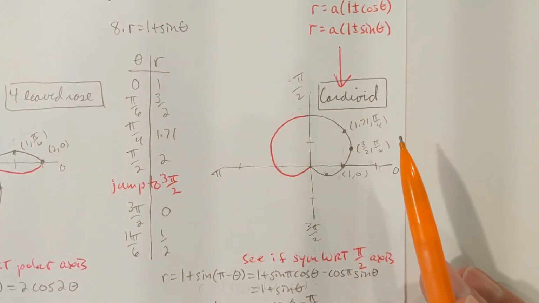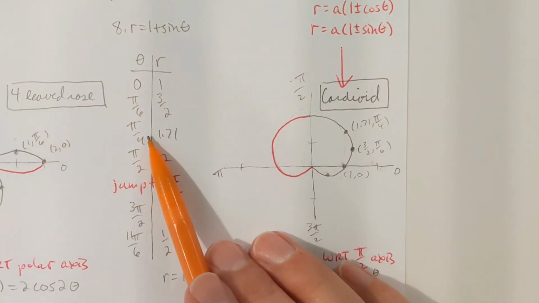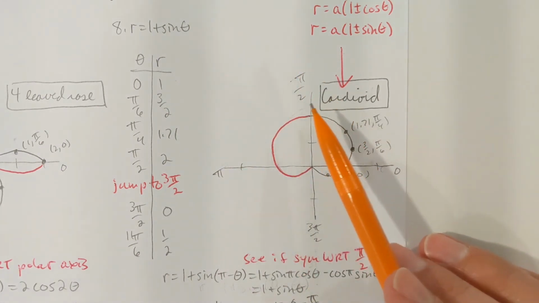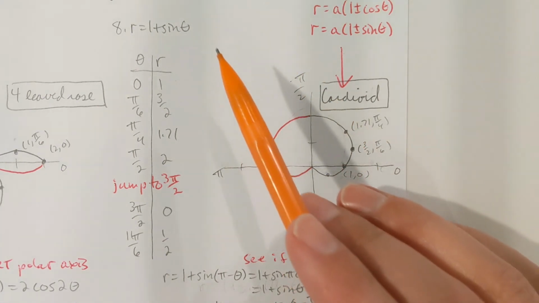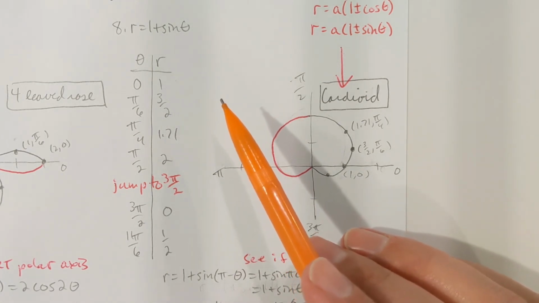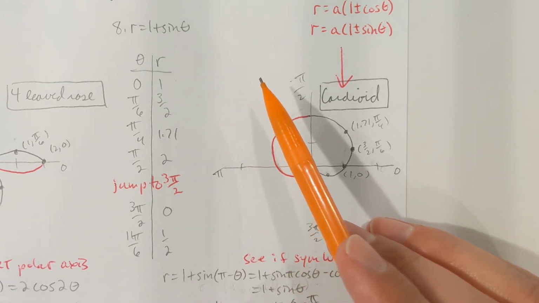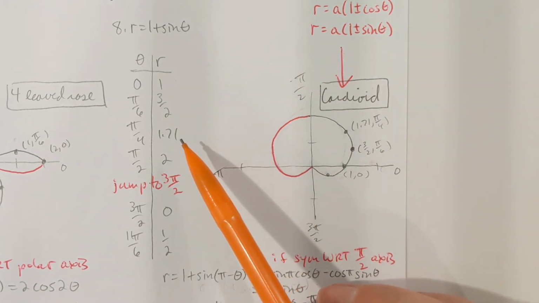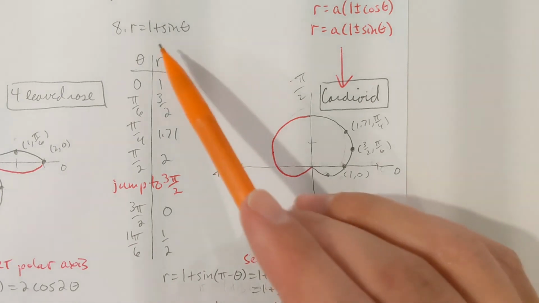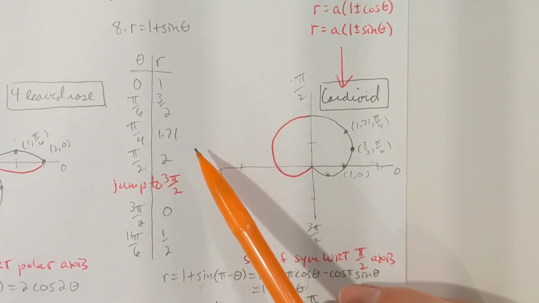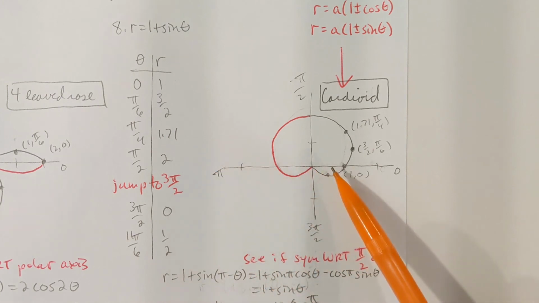Okay, and I'll let theta be pi over 4 next. Sine pi over 4 is 1 over root 2, which is roughly about 0.71, and then if you add 1 to that, roughly 1.7 would be the r value there.